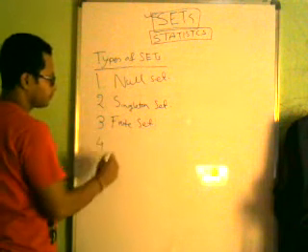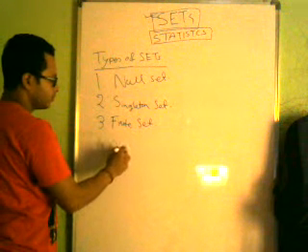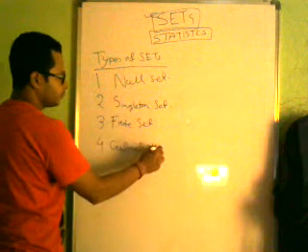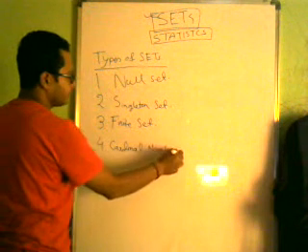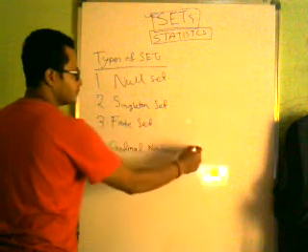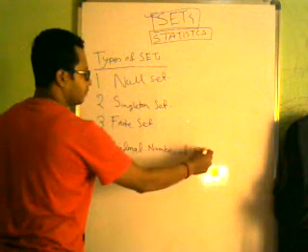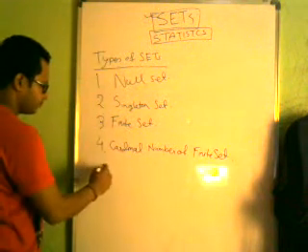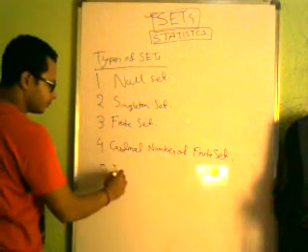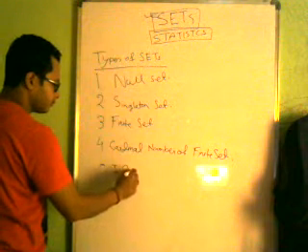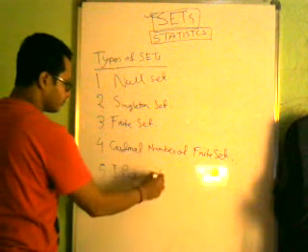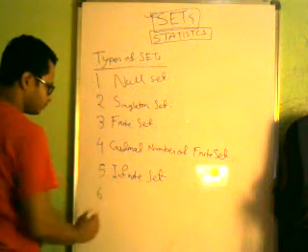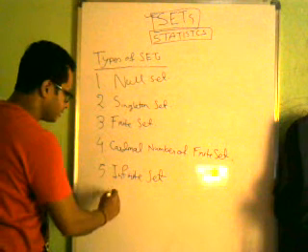Fourth one, cardinal number of finite sets. Fifth one, infinite sets. Sixth one, equivalent sets.